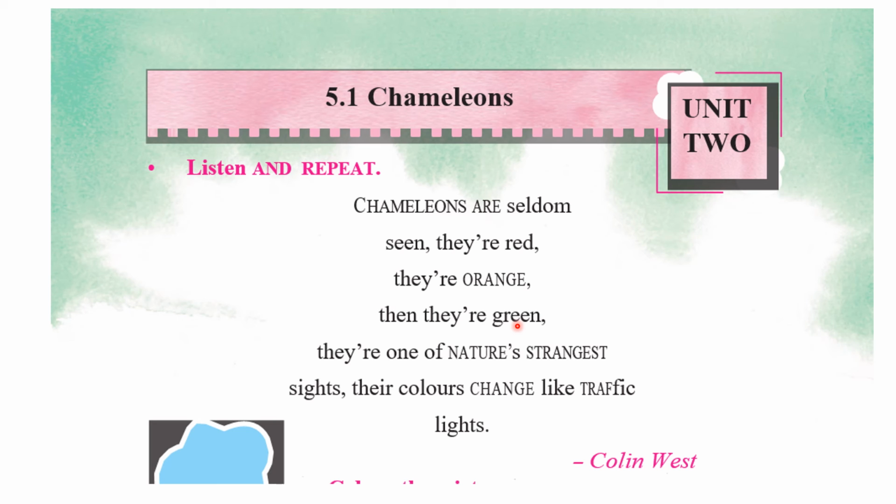If a chameleon is feeling cold, then he changes it to a dark color. But when a chameleon is feeling hot, he changes it to a light color. So a chameleon can change its color, and the poet is saying that it changes its color like traffic lights. He has referred it to traffic lights.